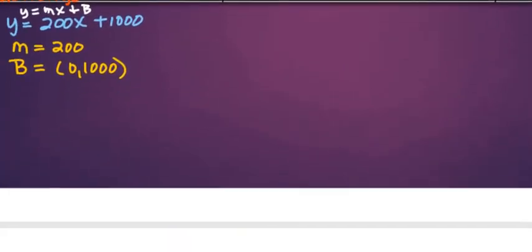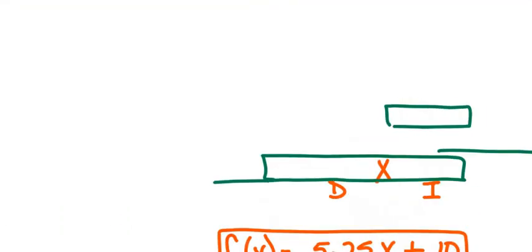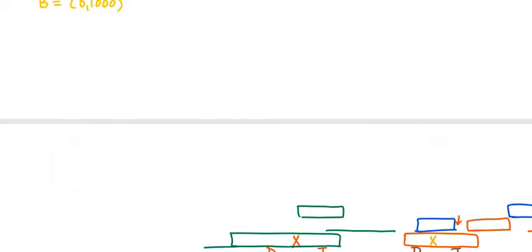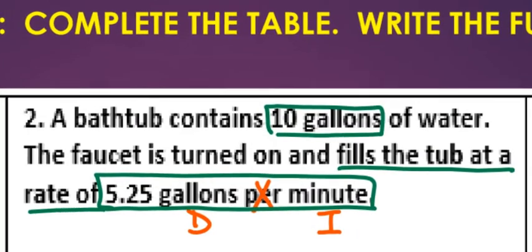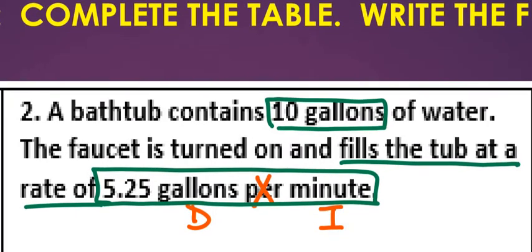Now let's look at number 2. You've got a bathtub that contains 10 gallons of water. You started with 10 gallons of water, so this is your y-intercept, and then you turn on the faucet and fill at a rate, so you are increasing. I'm going to look at 5.25 gallons. Gallons is your dependent quantity, minute is your independent quantity.